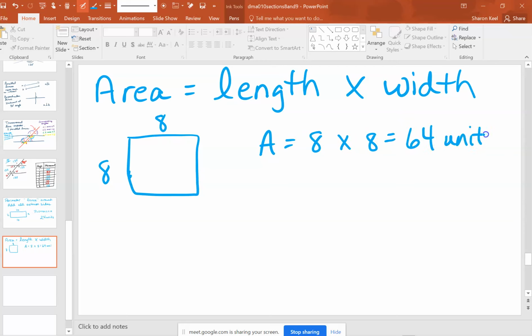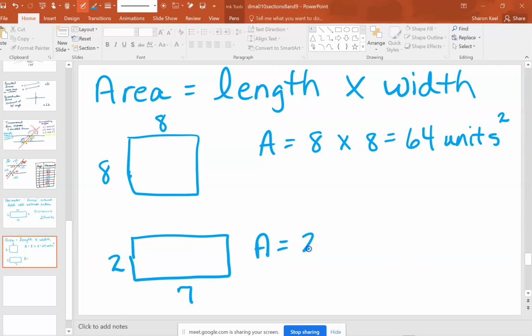Our units are always going to be squared when we deal with area. If we have one that has 2 different lengths, let's say this one is 2 and this one is 7, our area here would be 2 times 7, which would give us 14 square units.